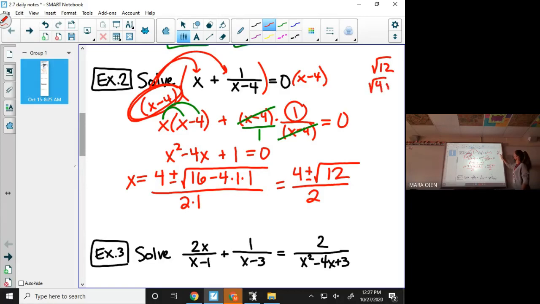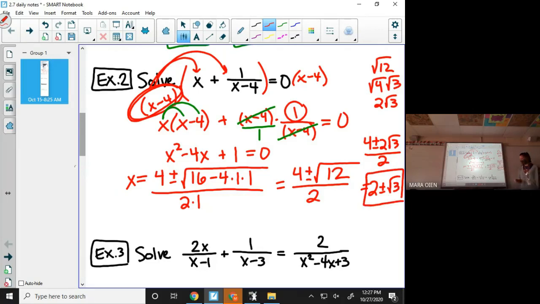Remember when you reduce square roots before, that'd be like root 4 times root 3, which would really be 2 root 3. So if I was trying my best to keep this in simplest radical form, I would have that. And then I could divide each term by 2. So that would give me a 2 plus or minus the square root of 3.